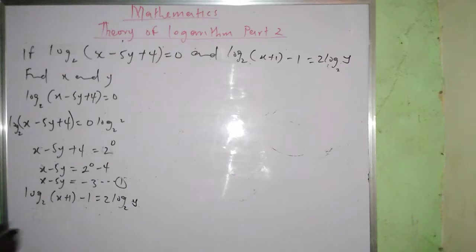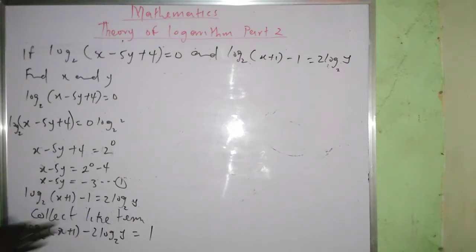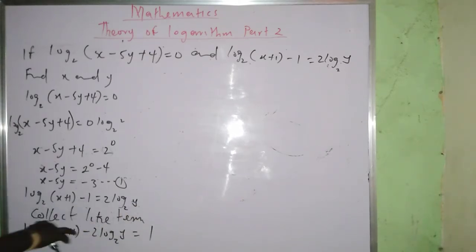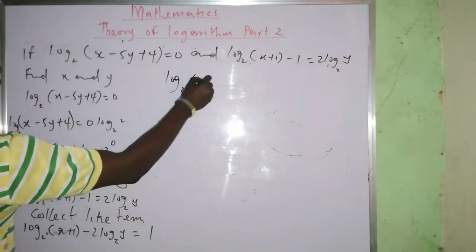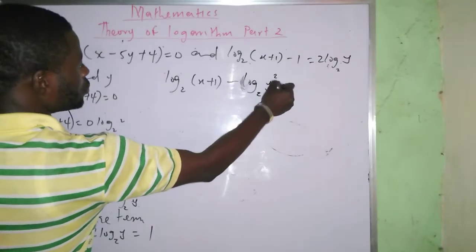I can collect like terms here. Collecting like terms, I have log base 2 of (x plus y minus 1) minus 2 log base 2 of y equals 0. I subtract 2 log base 2 of y from both sides, and then I will have log base 2 of (x plus y minus 1) minus log base 2 of y squared equals 0.